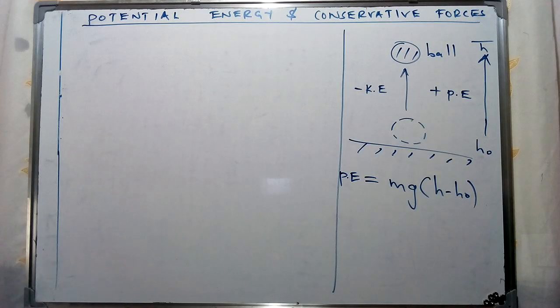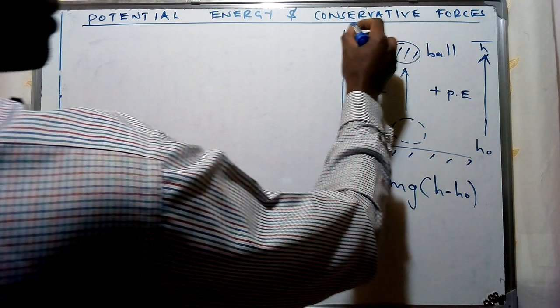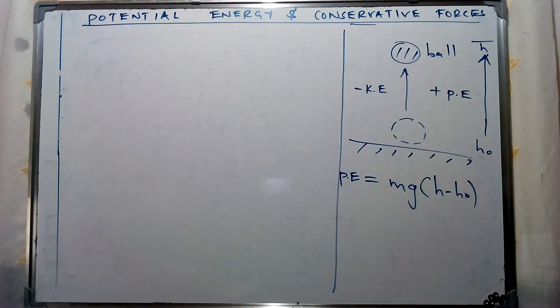So the change in potential energy is going to be associated with this gravitational force. And the forces which are related to this potential energy are going to be regarded as conservative forces.